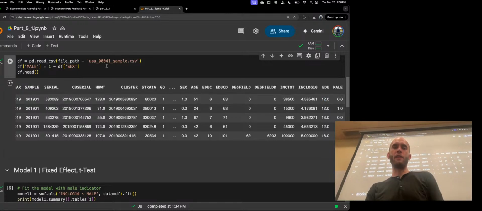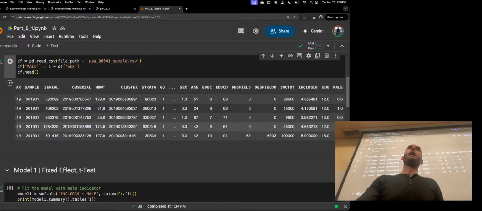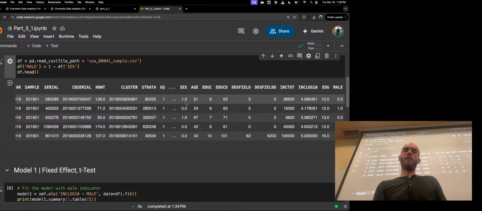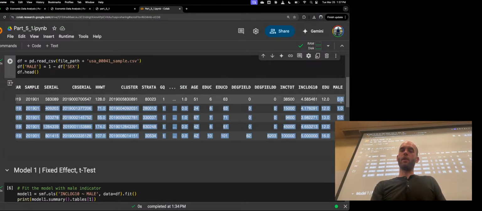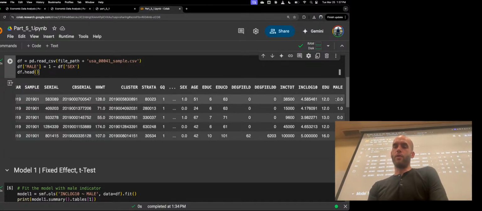And then what I've done here is, because we don't have gender recorded, we're going to use sex as an approximation. So I've just constructed a binary indicator variable using the data we have. If it's 1, then you're male, coded in this column, and if you're 0, then you're not male, which we're going to call female.